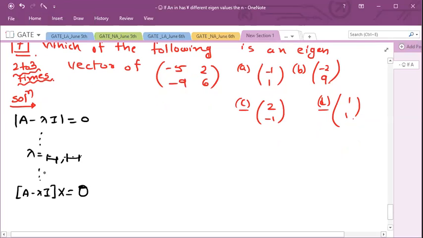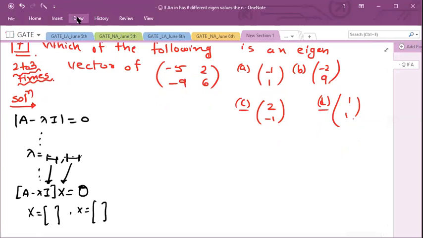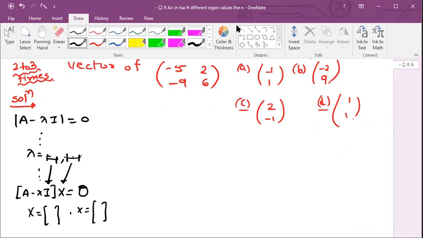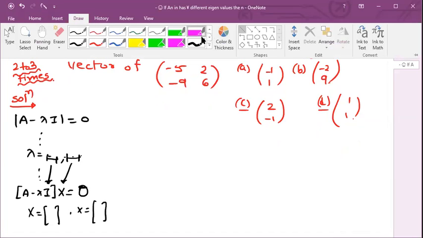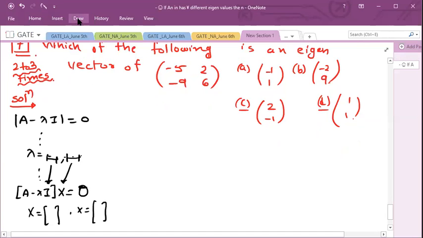You will solve this equation for the first value of lambda, then the second value of lambda, and you will get 2 eigenvectors. From these 2 eigenvectors, you will compare your options, and whichever option suits this will be your answer, and it will kill your time. Okay, so let us see another shortcut method for this question as well.